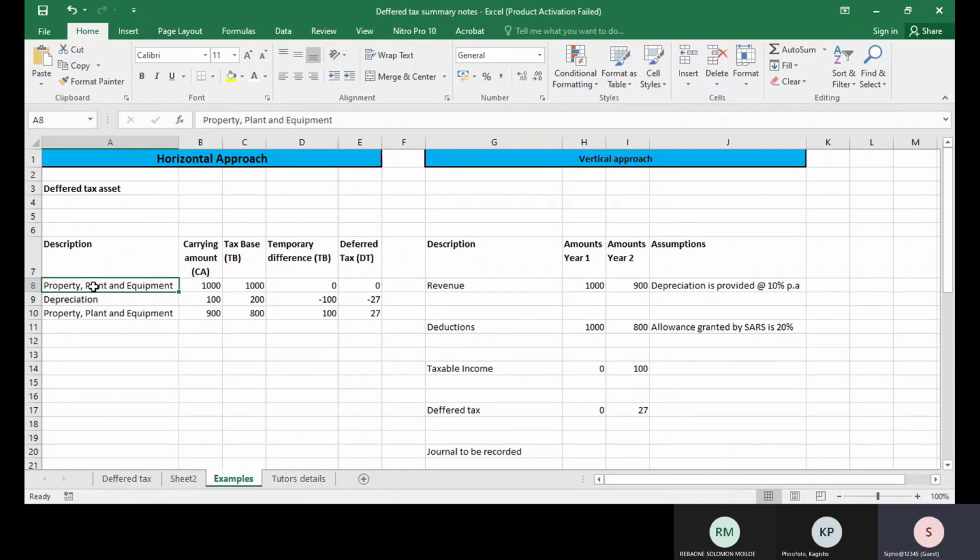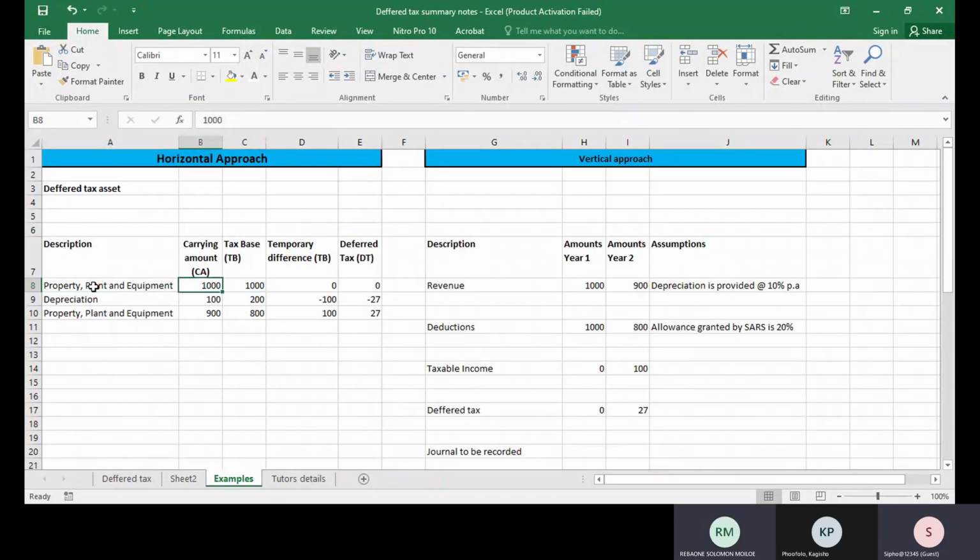You remember that example that I made for you, Solomon, the one where you got an asset for 1,000, right? Yes. Initially, on the first day when you buy an asset, there will be no deferred tax consequences, because both the carrying amount and the tax base are the same. You see? So yes.